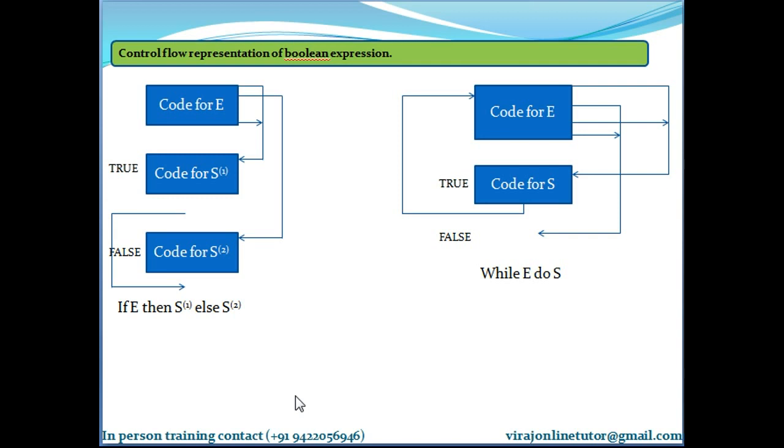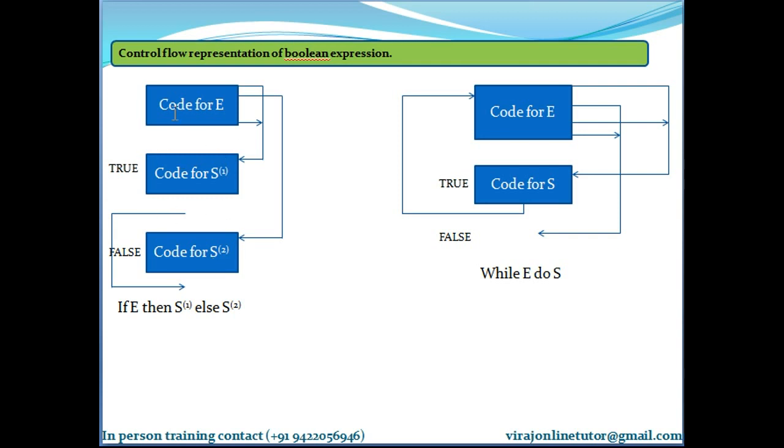Now this is the control flow representation of the Boolean expression. Okay, so I'll explain the first one to you all. If E is success, then you execute S1, else you execute S2. So this is the code for E. If E is success, you are supposed to execute S1, and if E is false, go to S2.